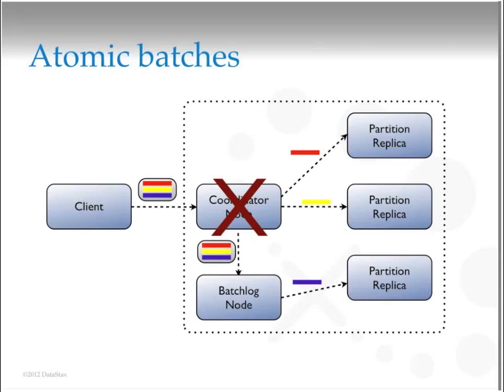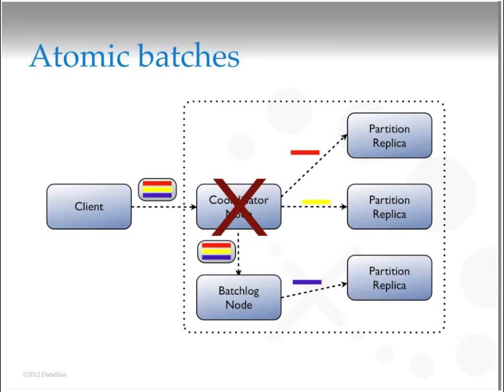And I don't have to worry about it anymore. So this is actually the default now in CQL batches. If you say begin batch in CQL, then you're going to get an atomic batch. If you want a non-atomic batch, if you want the old behavior, you actually have to say begin unlogged batch, and that will give you the old behavior, which has about a 30% performance overhead removed compared to the atomic batch log.